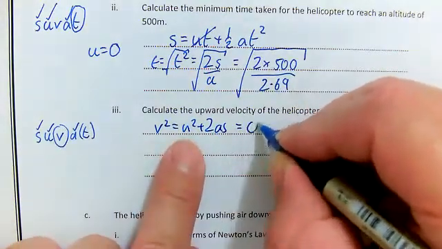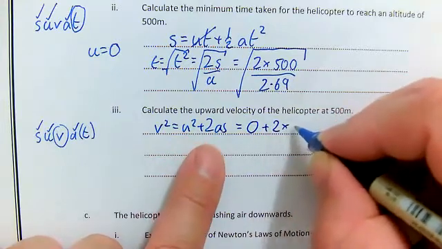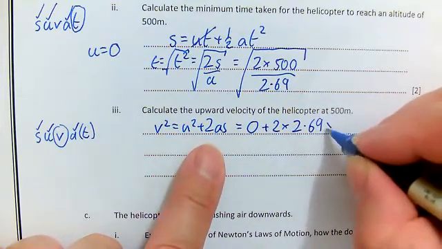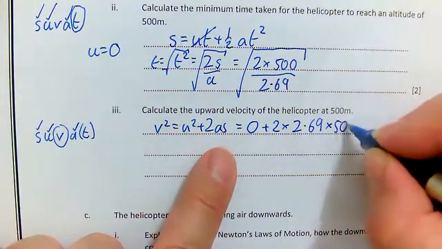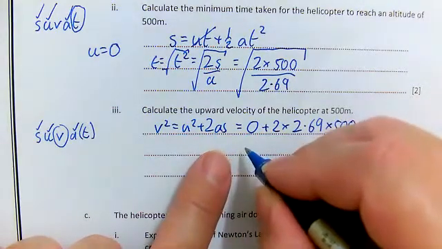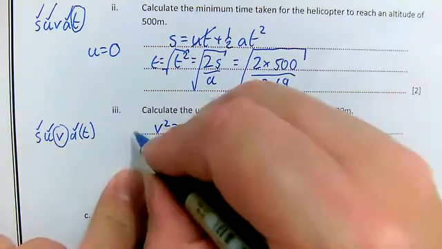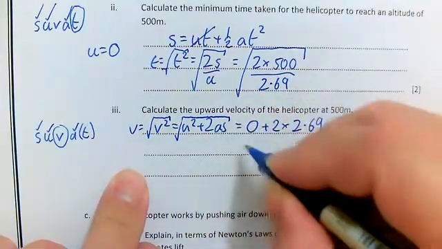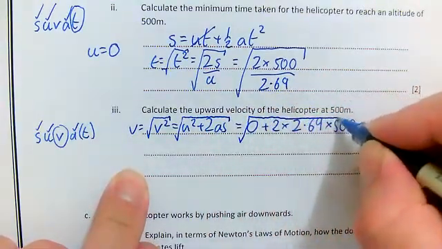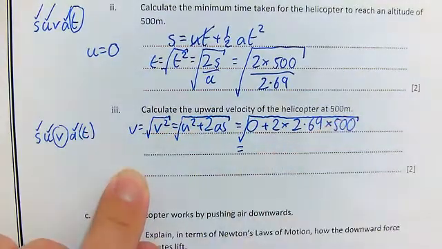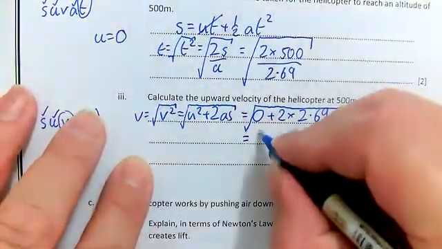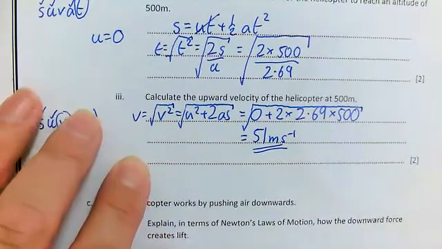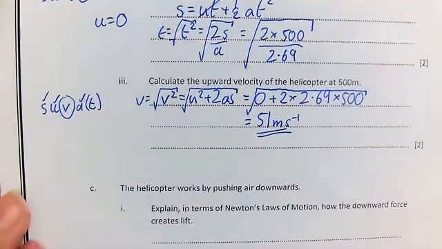U squared is obviously 0, plus 2 times my acceleration of 2.69 multiplied by the distance, which is 500. Then V is the square root of V squared. So that comes out to be, by my reckoning, 51 meters per second. It just comes out in the calculation, which I'm not going to bore you with.